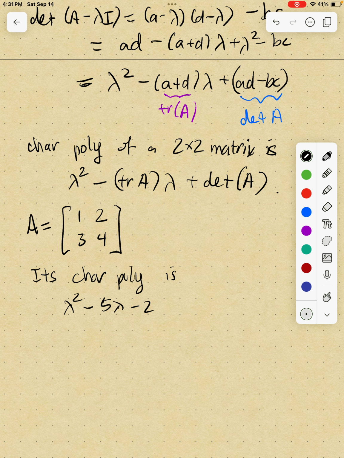So you see that it's a very easy formula for 2 by 2 matrices.